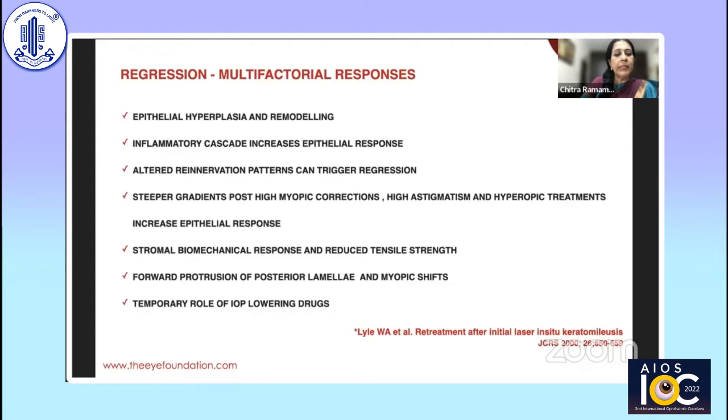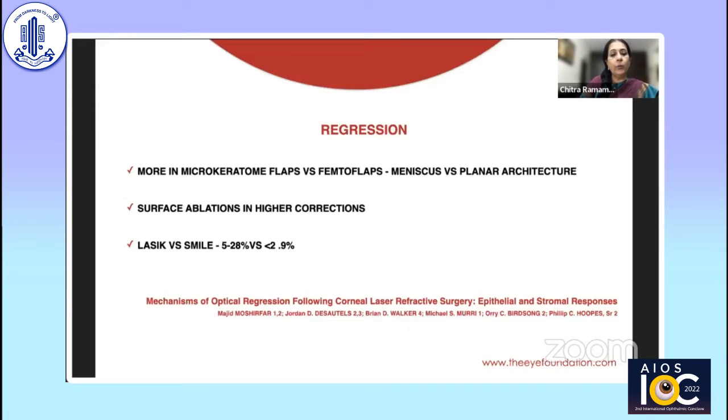And what has been seen is, especially in those thinner stromal beds, there's a forward protrusion of the posterior lamellae, and that could also cause a myopic shift, although temporarily you do try IOP lowering drugs. Again, because of the architecture of these flaps, the microkeratome flaps, which were used more often earlier, against the femtoflap, it's seen that therein the regression is more.